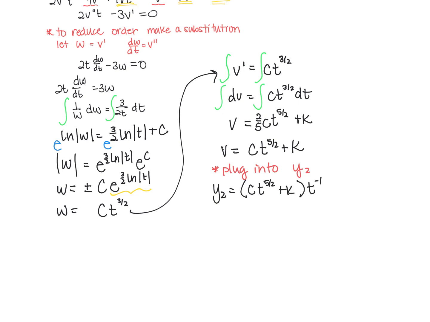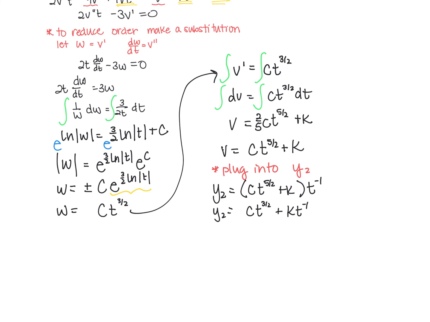What was Y2 again? This is the first thing. Oh, the first thing we wrote, yeah. Which means Y2 is ct to the 3/2 plus kt to the negative 1. kt to the negative 1 disappears because it's already a given solution. Yes. Now, hold on. Let me explain why. You are correct. You're getting too far ahead of us.